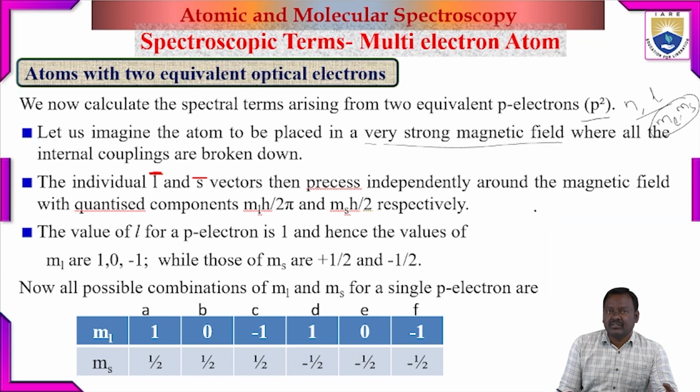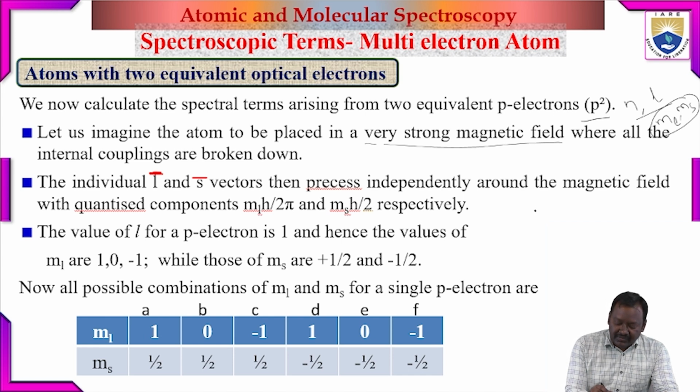In general, in the absence of an external magnetic field, the spin angular momentum and orbital angular momentum add up and give the total angular momentum J values. So here we are applying the strong magnetic field where all the internal couplings are broken down.